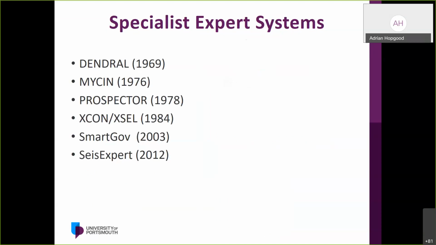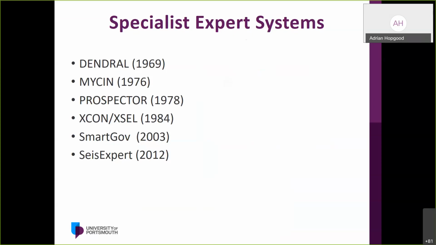Carrying on. So Dendral was a system for interpreting mass spectrograms, Mycin for diagnosing blood disease, Prospector for prospecting for minerals. So quite specialist, narrow domains which were quite successfully encapsulated within a knowledge-based system.